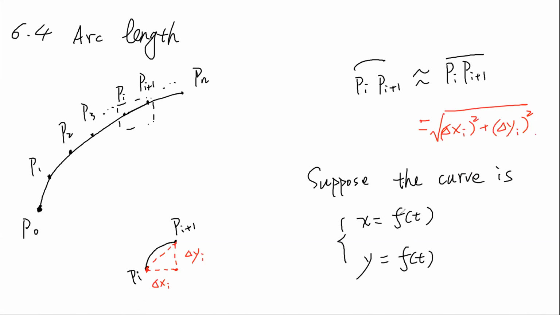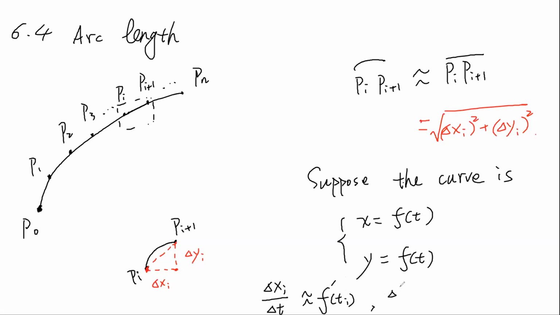Then delta x_i divided by delta t is approximately f prime of t_i, because the increment in x with respect to t is approximately equal to the derivative at that point.